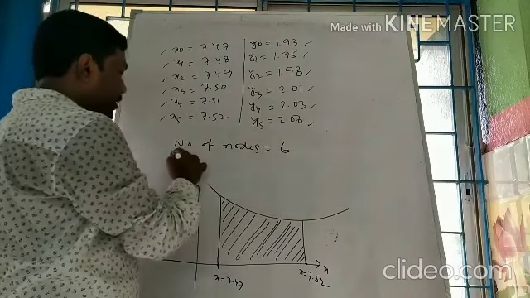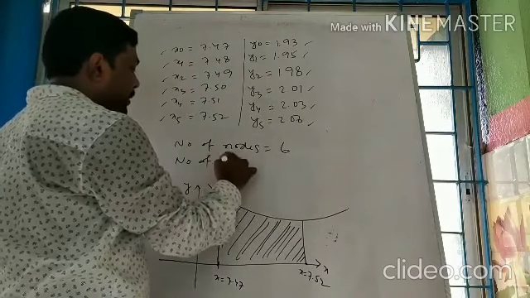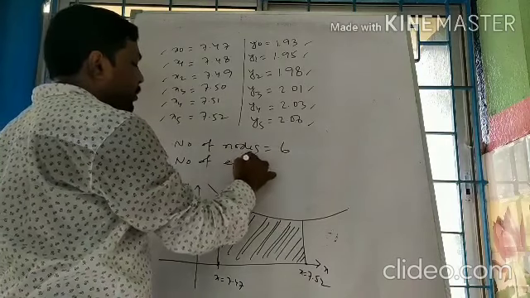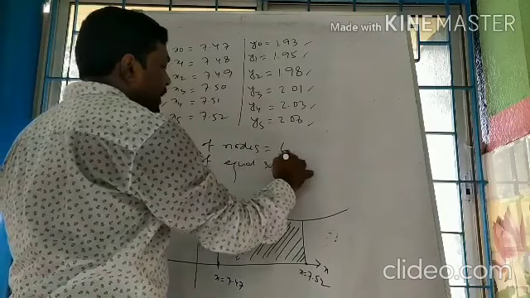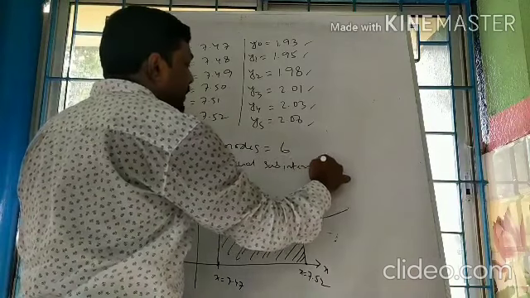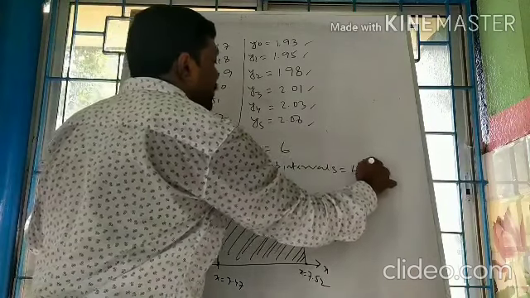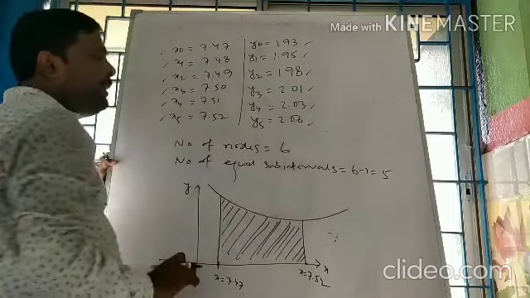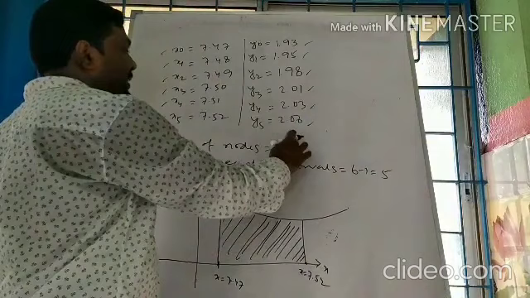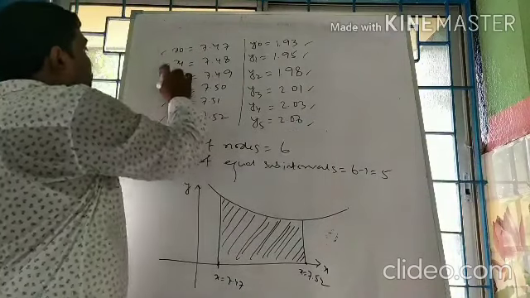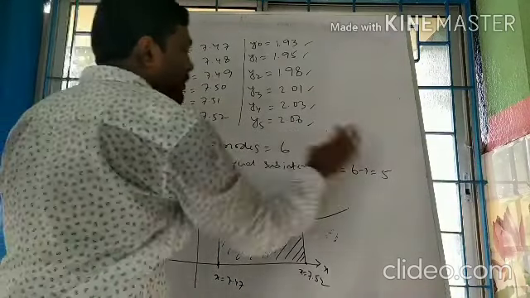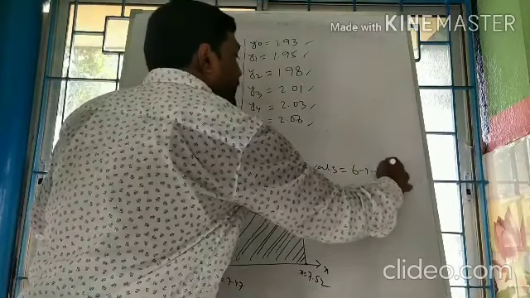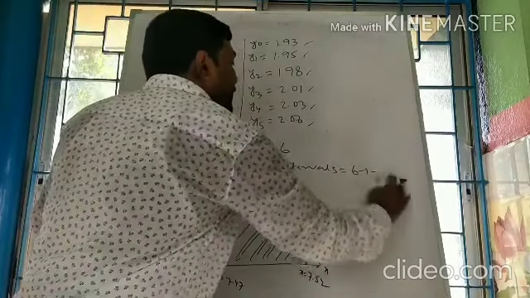Then the number of equal subintervals is 6 minus 1, which is 5, because if the number of subintervals is n, the number of nodes is n plus 1. So the number of subintervals is 5.